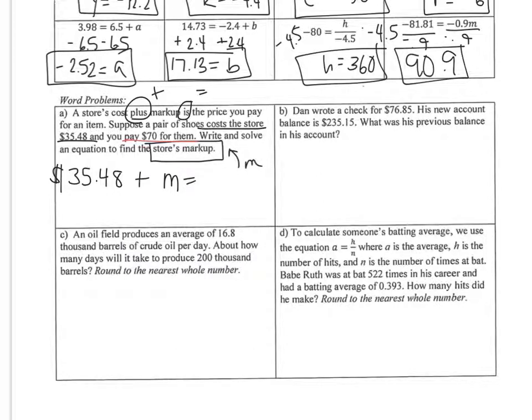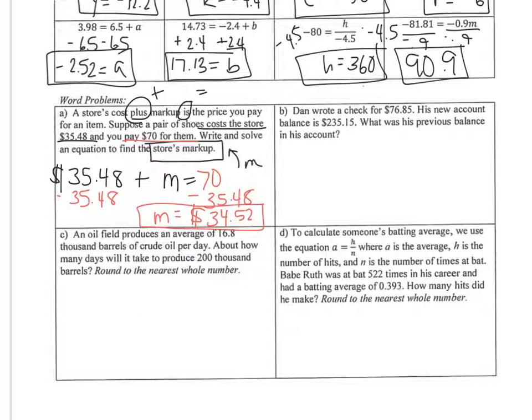And we paid $70 for it. So now I have to solve for M. To solve for M, you subtract $35.48 from each side. So M equals 70 minus 35.48, which is $34.52. That is your answer.